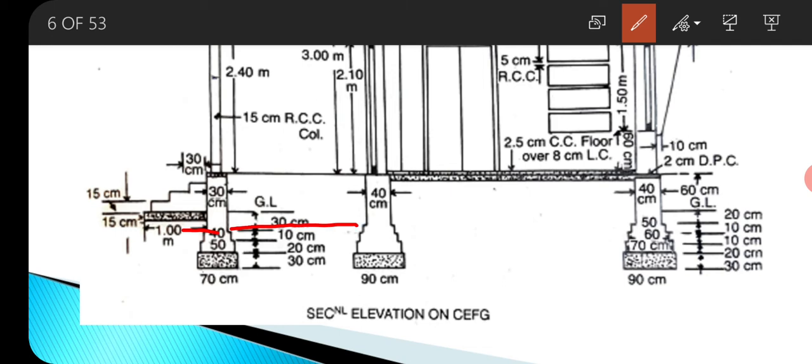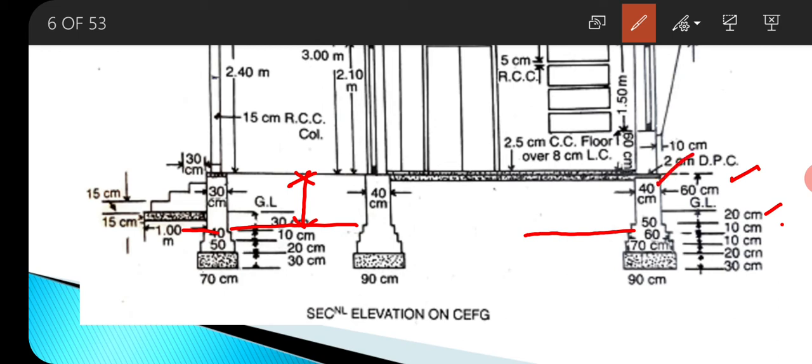So the plinth wall is of height, depth, how much? Thickness 90 centimeter. And here for a depth of 90 centimeter, you can mark there is a presence of, this is 60, this is 20, this is 10. So up to this 10, we have two different types of width. Clear?